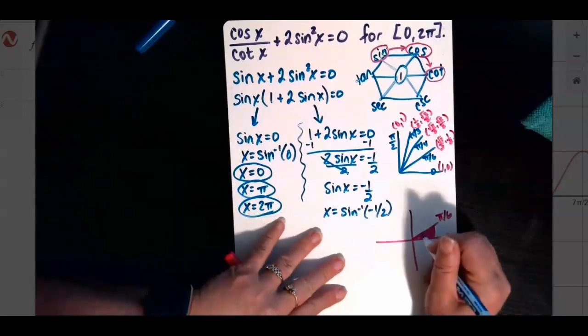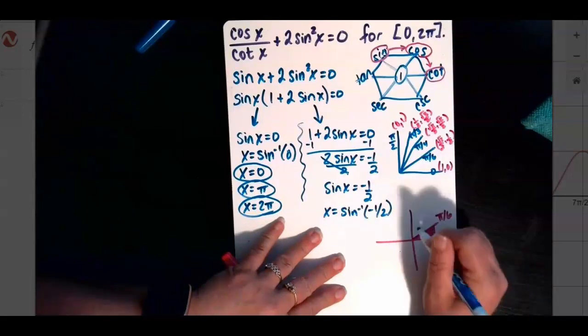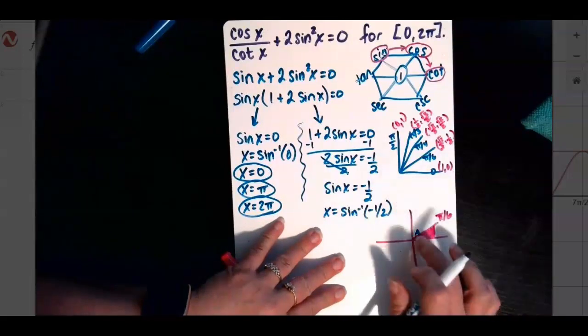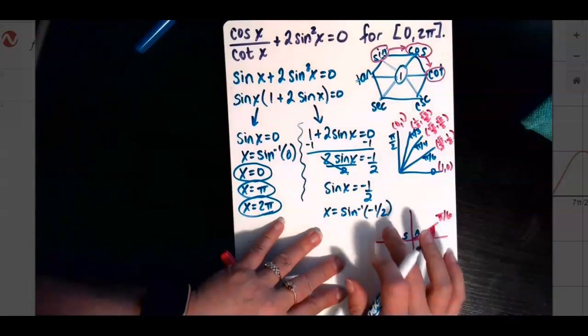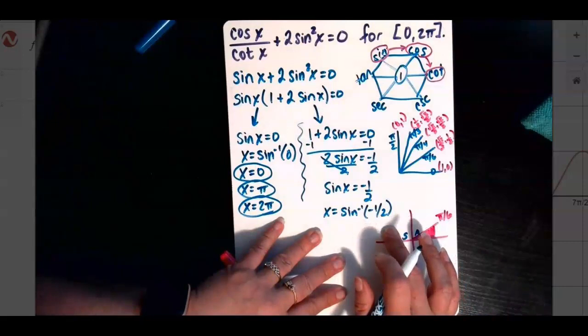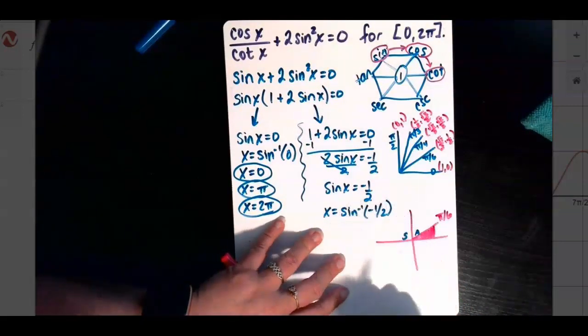So if you remember that acronym, all students take calculus. The A stands for all the trig functions being positive in quadrant 1. S means sine and its reciprocal are positive in quadrant 2, so there will not be a solution for us in quadrant 2.